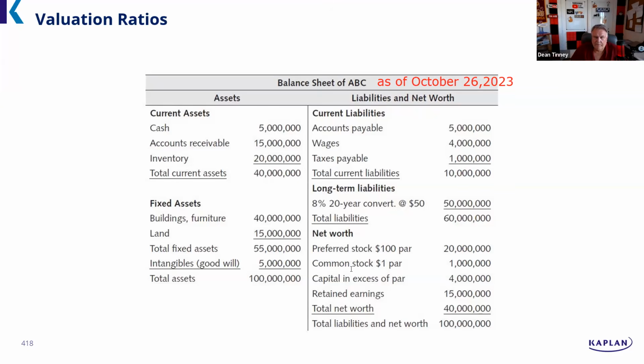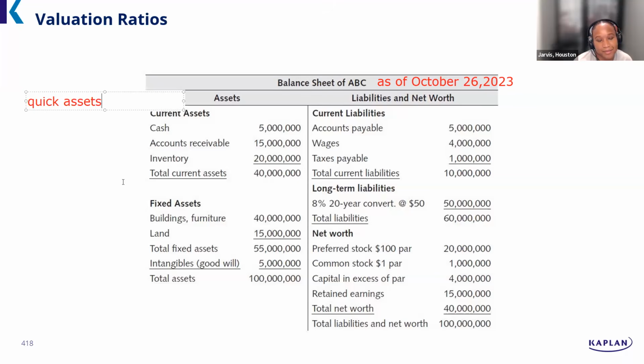So the company ABC, it's a picture in time as of October 26, 2023, today's, right? So if I said to Houston, let's look at this today. So they have $5 million in cash. They have $15 million in accounts receivable and $20 million in inventory. Now, we don't want to have to sell our inventory because we can't pay our bills.